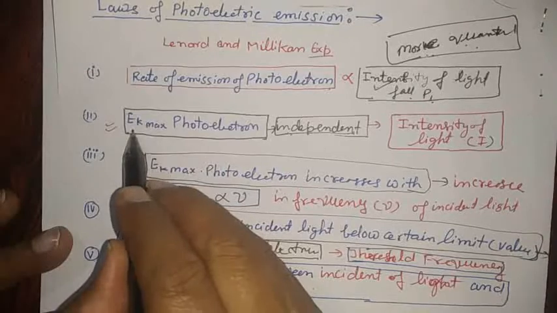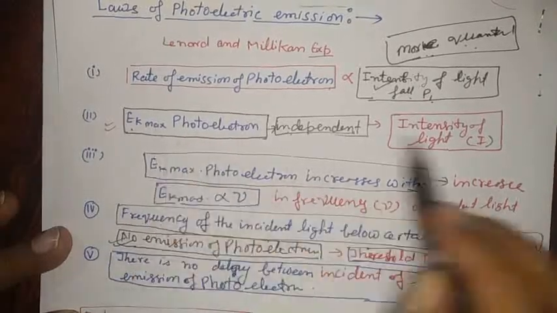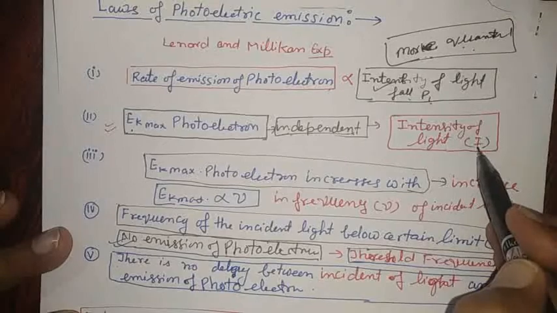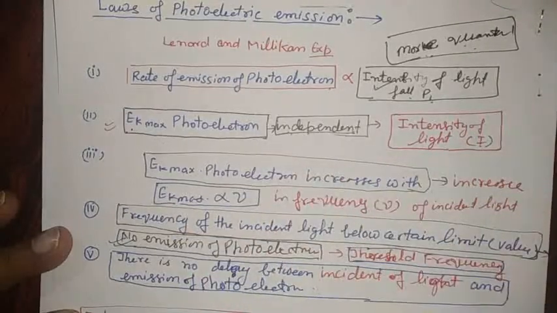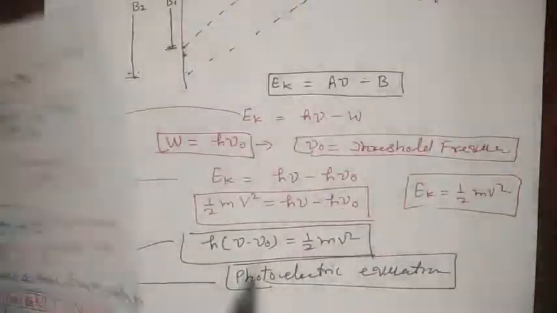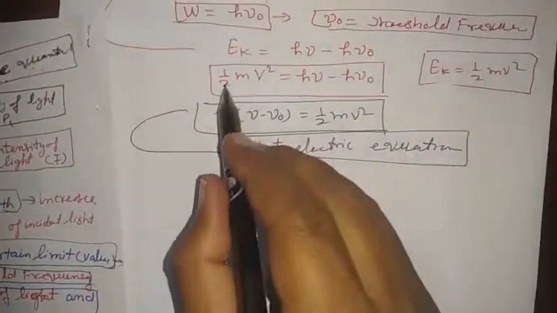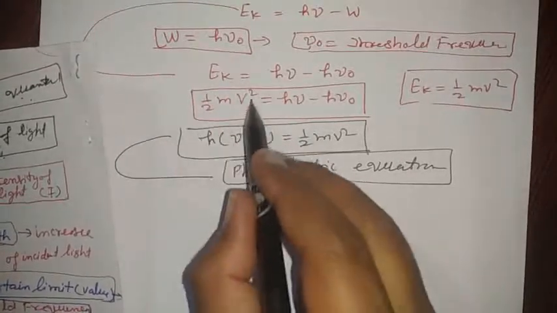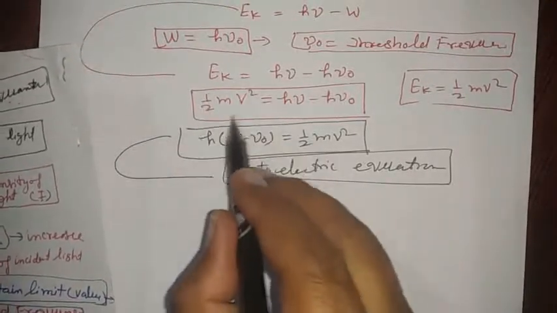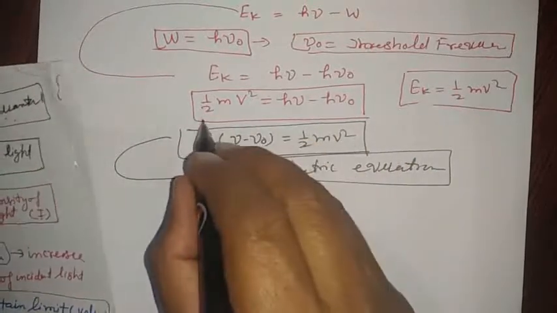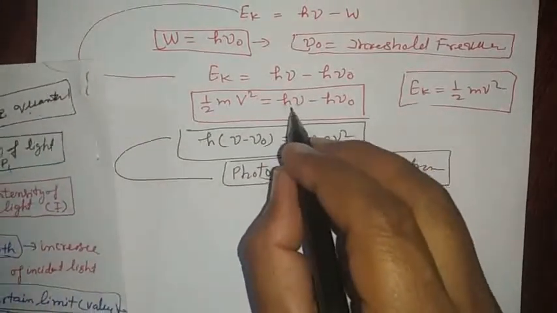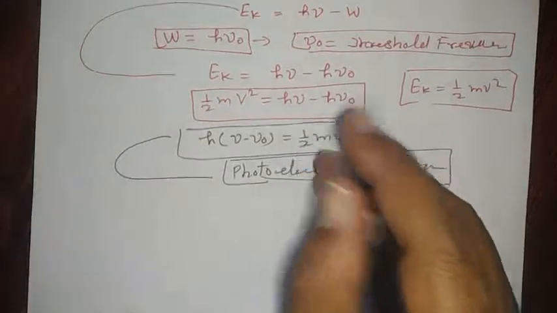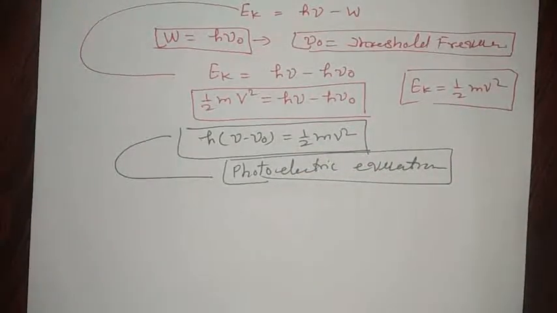Second, the kinetic energy of a photoelectron does not depend on the intensity of light. In the Einstein photoelectric equation, see carefully, the kinetic energy of an electron, half mv squared, depends on the energy of the incident photon. It does not depend on how many photons are striking the plate, that is the intensity.